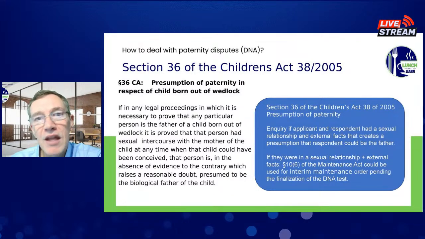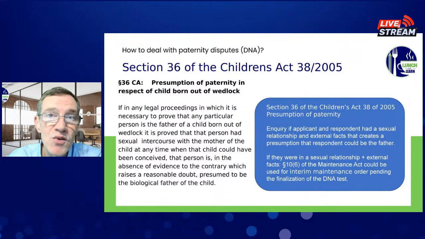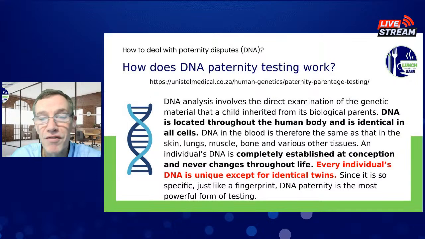Then you could apply for an interim maintenance order. That is to your advantage. Immediately, if the respondent or the maintenance officer wants to postpone the matter, ask that an interim maintenance order be granted immediately, pending the finalization thereof.